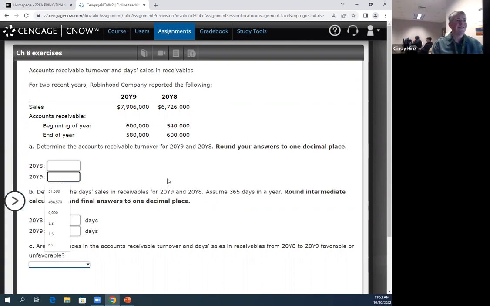So for 2019, we take the sales of 7,906,000, divide that by the average of 580 and 600,000, which is of course 590,000. And so we get an accounts receivable turnover, or just receivables turnover, of 13.4 in 2019. Go ahead and do the calculation for 2018 on your own.